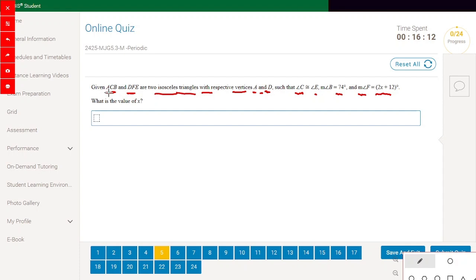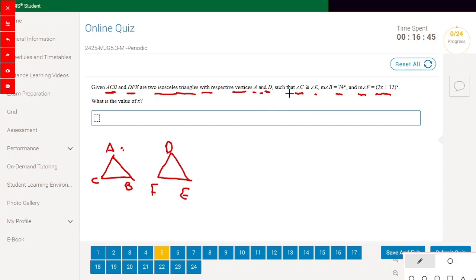Now I have ACB, so let's say this is ACB. The second triangle is DFE. With respect to vertex A and D, so we have A and D as respective vertex.